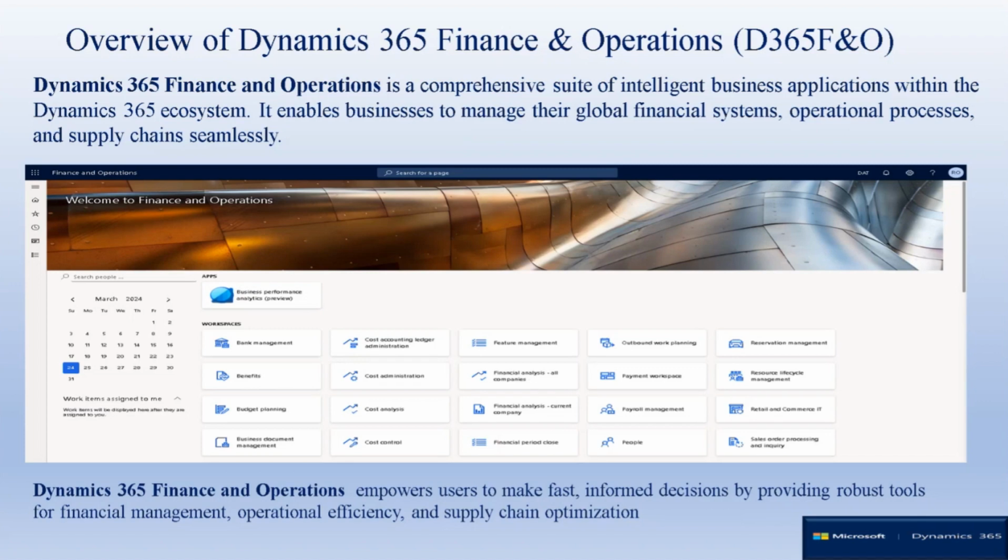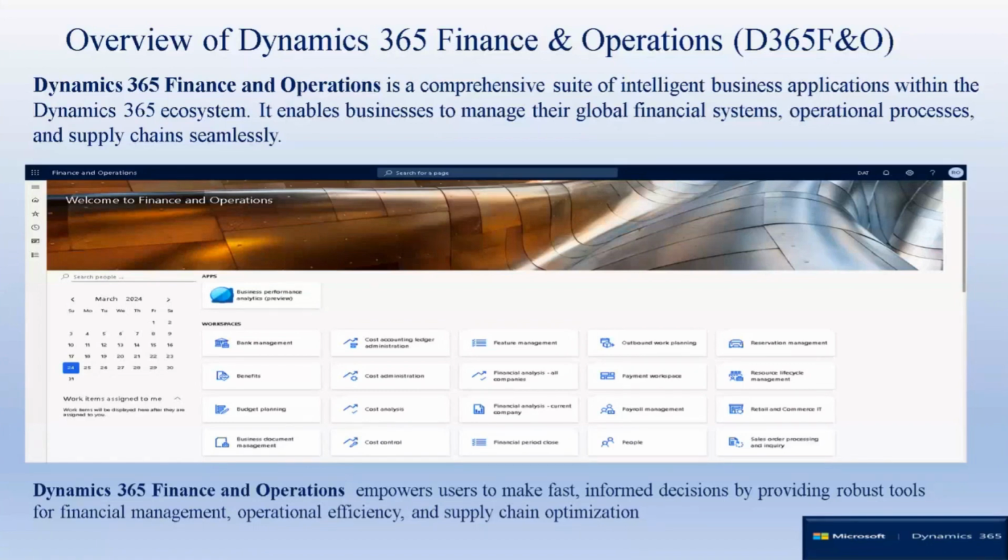The efficiency, the speed, the ability to interact with your data in real time gives you an advantage that you would not have with siloed systems. So that's a huge benefit of using the cloud application, Dynamics 365 Finance and Operations.